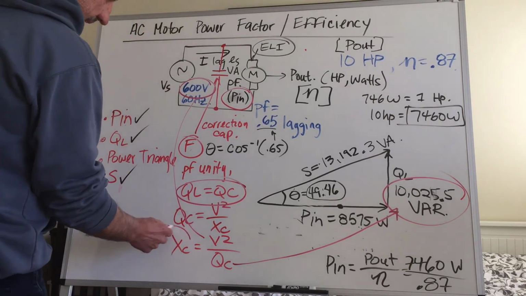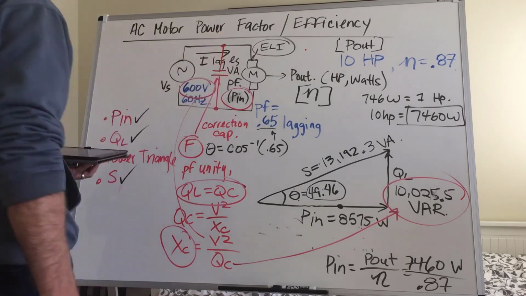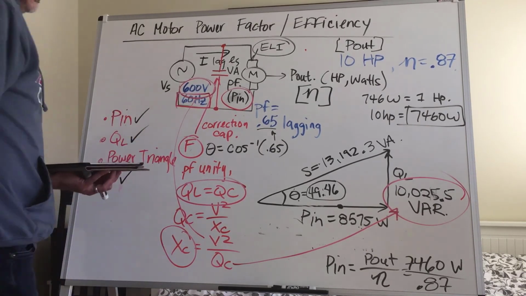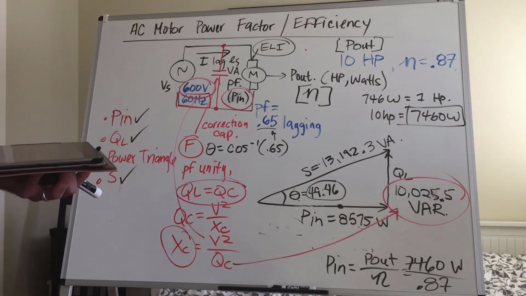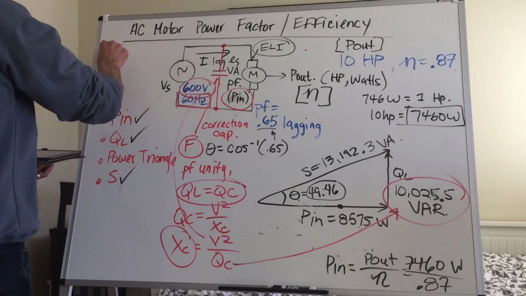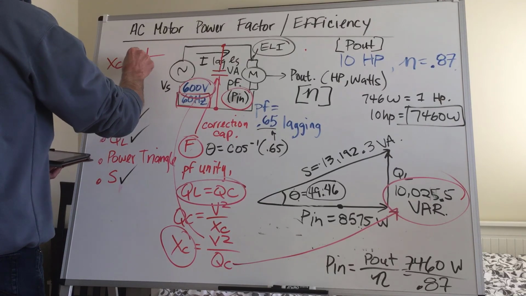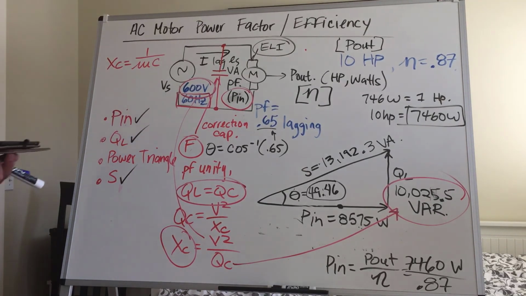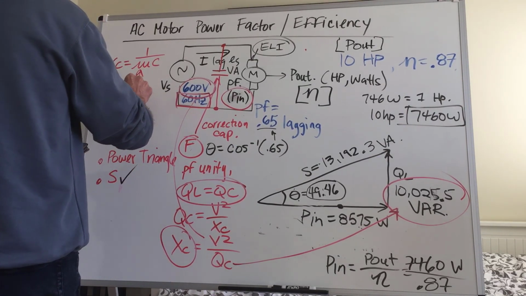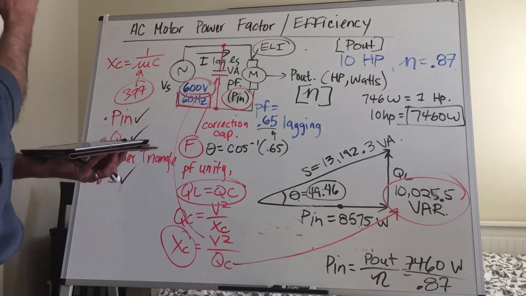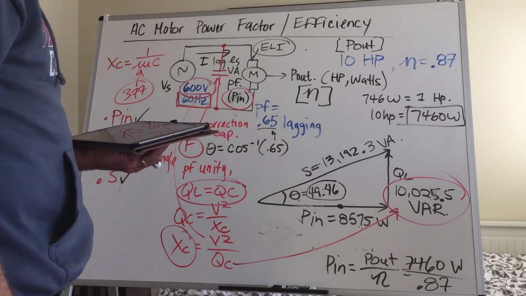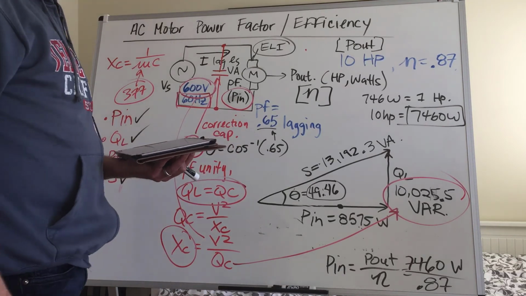Then once you have XC, you know the amount of XC that you need, and at 60 hertz you can calculate your C value from XC equals 1 over omega C, right? So you can take it from there. For 60 hertz, omega is 377.